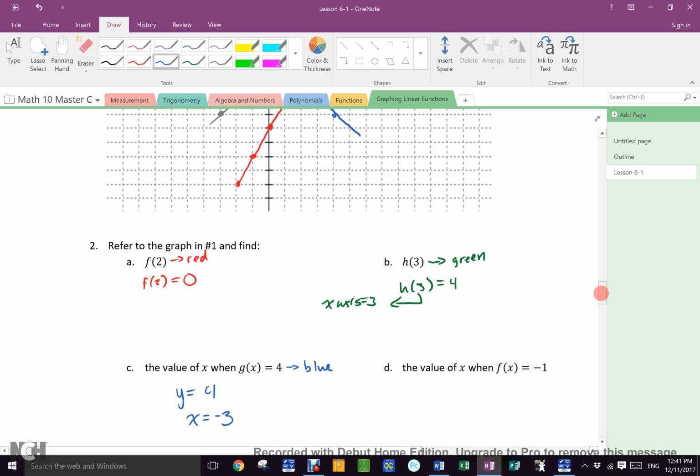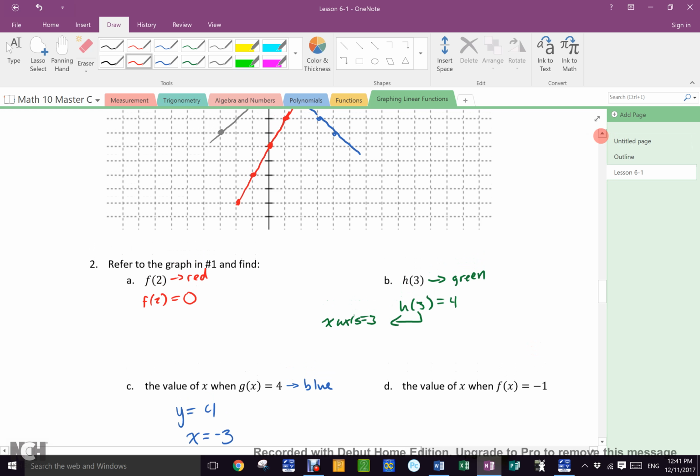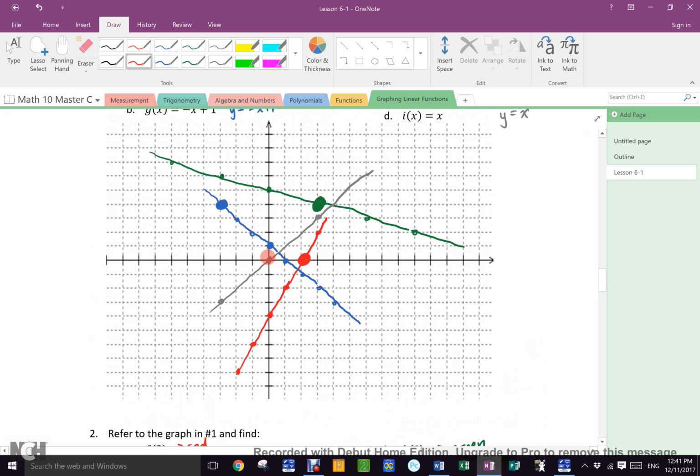And finally, we're back to f of x. That's the red one. Where do I go? I go where x is -1, correct? Where is -1? Right there, -1. And I need the y value. What is it? No. -1 is my x value.